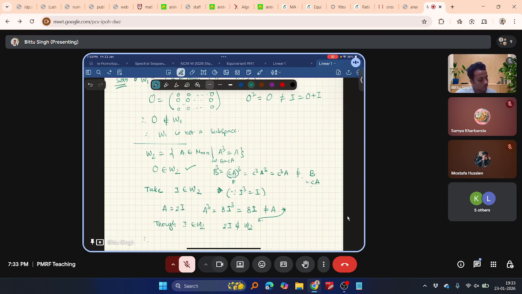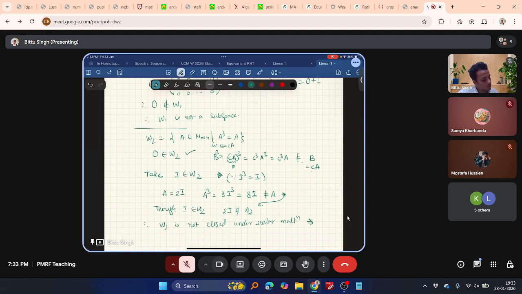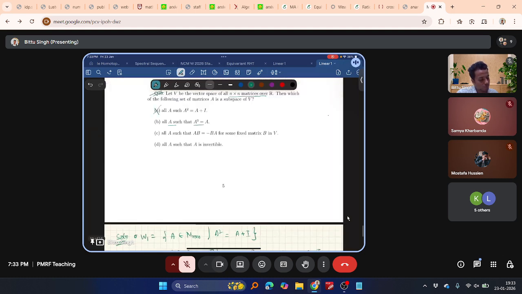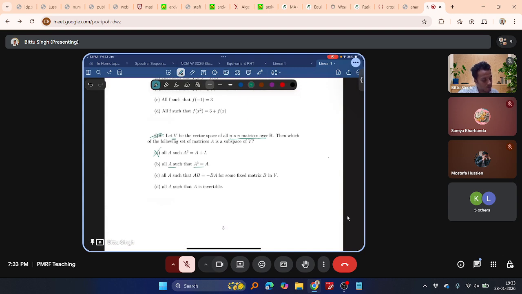Therefore, W2 is not closed under scalar multiplication, which implies W2 is not a subspace of V. So this is also not a subspace.